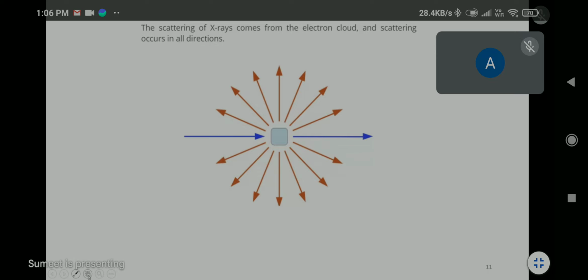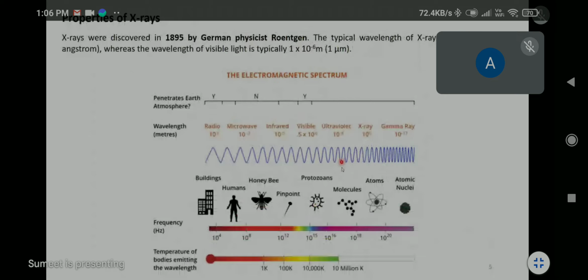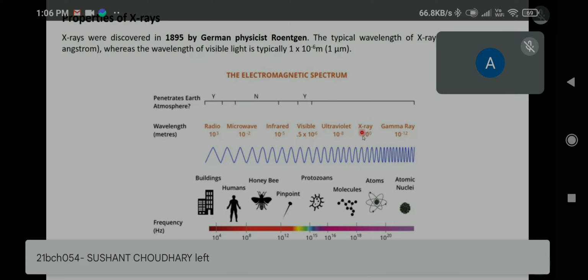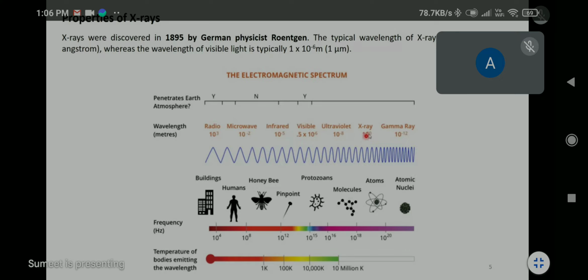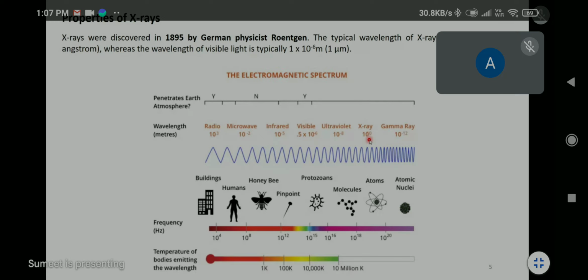If you look at the electromagnetic spectrum, X-rays have a high frequency, although gamma rays have the highest frequency, and X-rays have a frequency less than gamma rays. But still, the wave with higher frequency will have higher energy. So higher energy allows them to penetrate into the material.